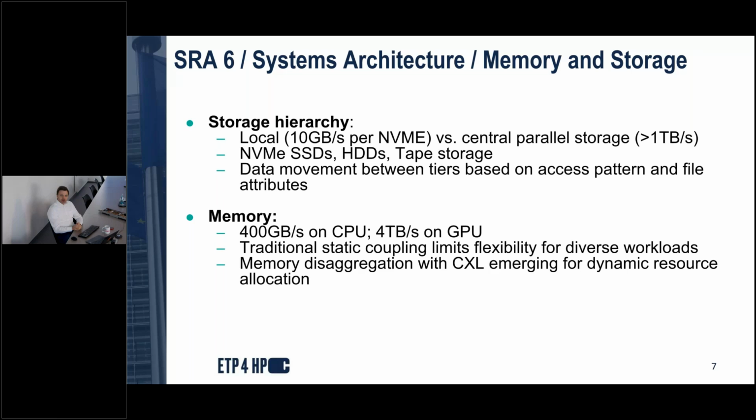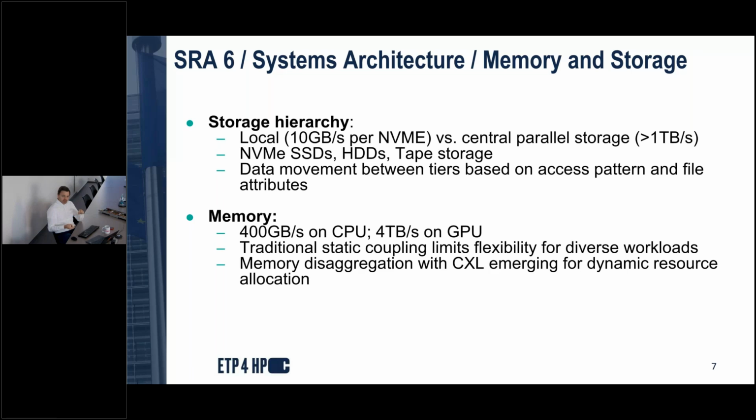And then we also have the central storage, which today can easily provide more than 1 terabyte per second bandwidth. And of course, this is only possible with NVMe SSDs. But for cost-effectiveness, we also see that a lot of those storage architectures use NVMe in a first tier, then HDDs in a second tier, and then even go to tape if, for example, the research data is no longer actively used but mostly just for archive.